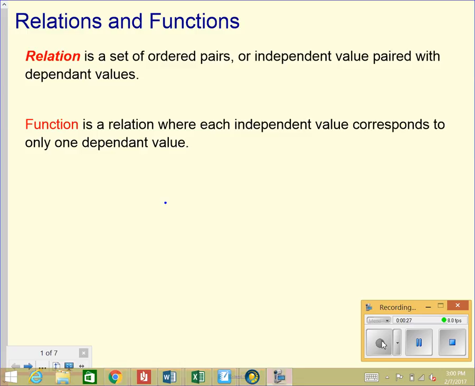So let's take, for example, if I have numbers 1, 2, 3, 4, and those values correspond to the numbers 9, 4, and 3. So that means that 1 corresponds to both 9 and 4, 2 to 3, 3 to 3, and then say 4 to 4.